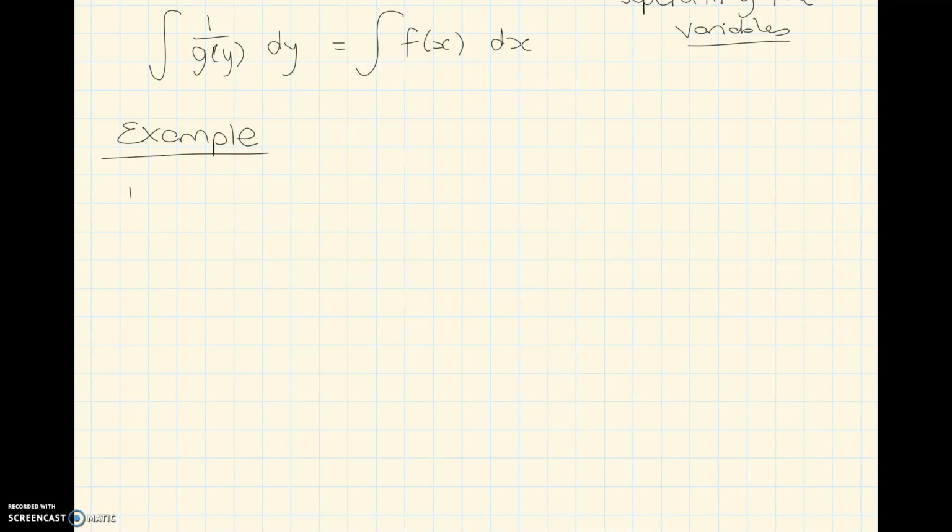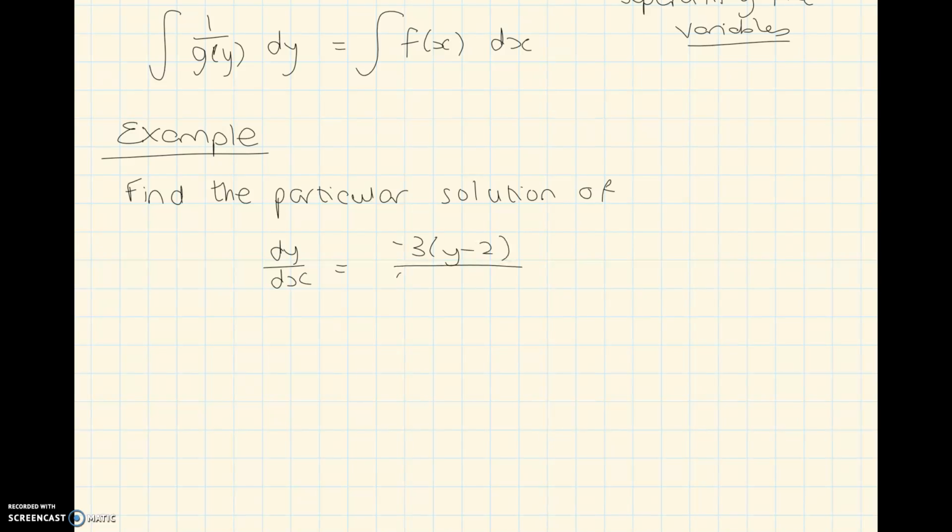Again, there's going to be a few solutions because when we integrate we're going to have a constant, but I want to find the solution of dy by dx equals minus 3(y minus 2) all over (2x plus 1)(x plus 2), given that x equals 1 when y equals 4.